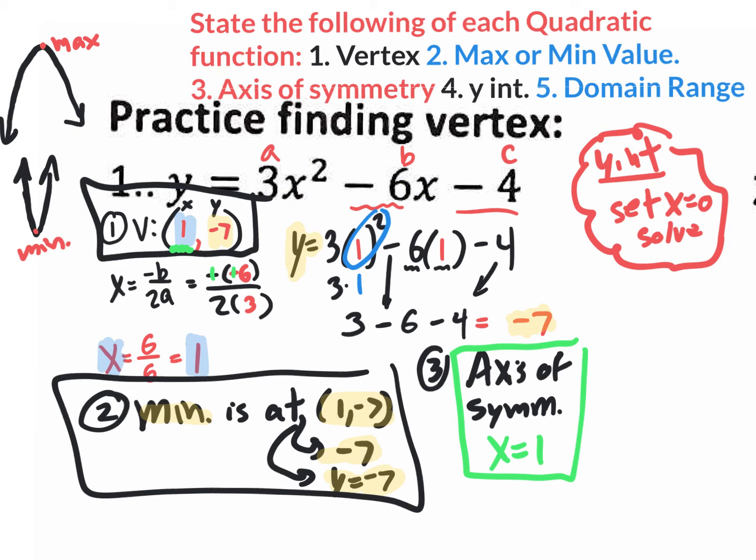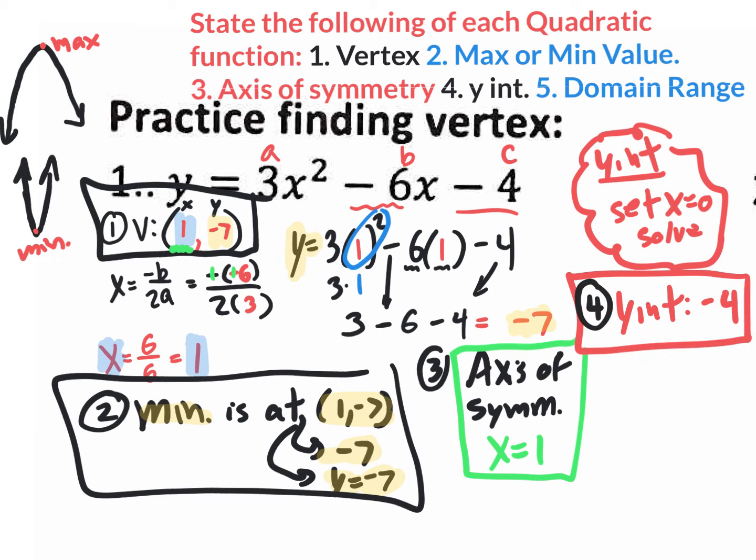This whole thing becomes 0 except for the c value. So finding the y-intercept of a standard form quadratic trinomial is the easiest thing in the world. The y-intercept is simply your c value, which in this case is negative 4. And that is the fourth thing that they ask for.